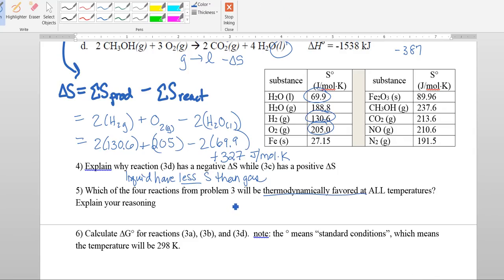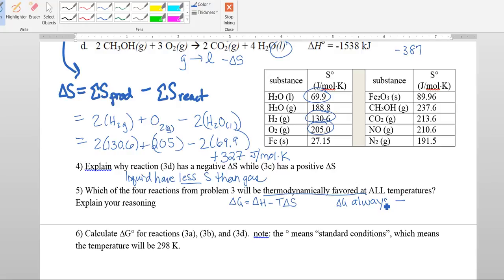So if we think about this equation here, delta G equals delta H minus T delta S. In order for it to be thermodynamically favored at all temperatures, that means that no matter what these values are, no matter what the temperature value is, delta G will always be negative. That's what it means to always be thermodynamically favorable.